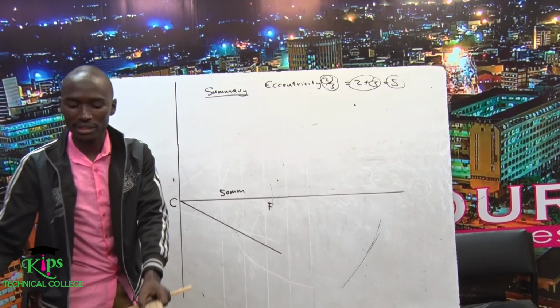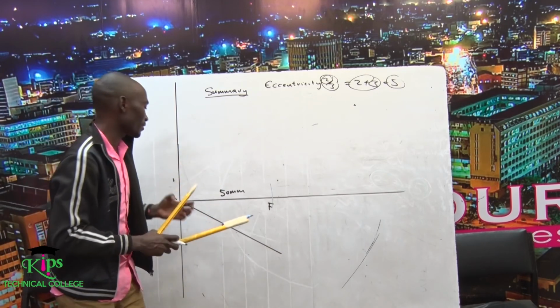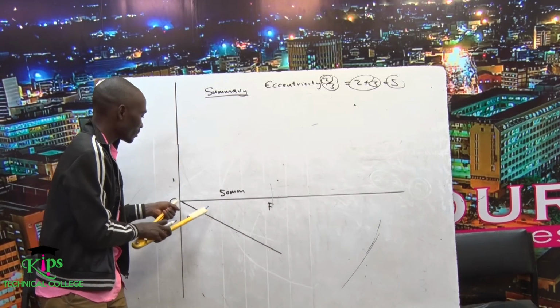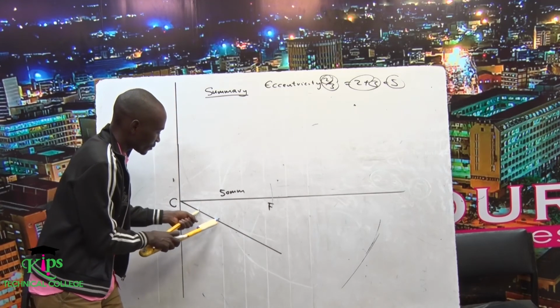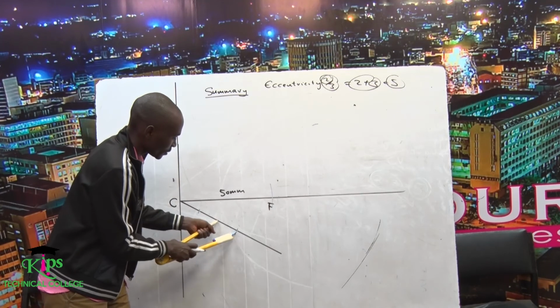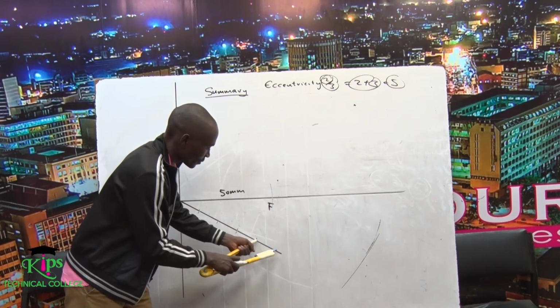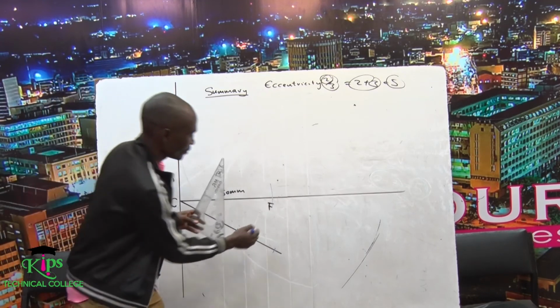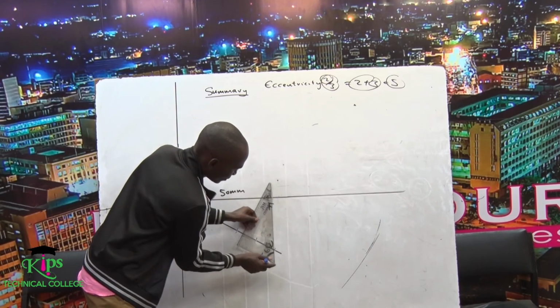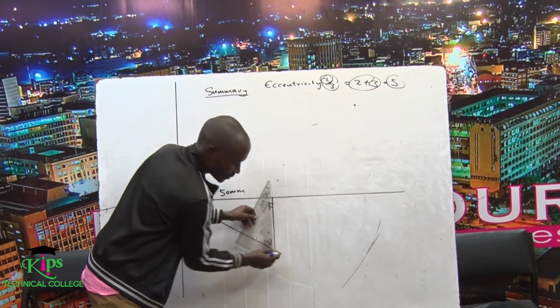To divide a line, we said you need to protrude another line at any given angle. Then subdivide this: 1, 2, 3, 4, 5. Then join the last point, which is this one, up to here.